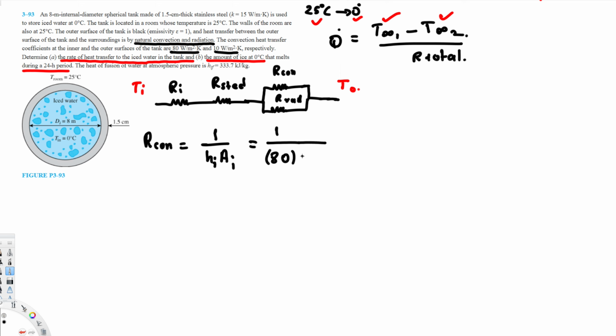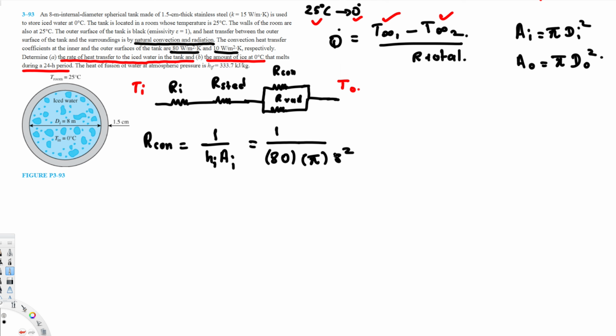So let's plug the values right here. Pi d square for the inner surface, where the inner diameter is 8 meter, so 8 square. A i is pi d i square, and A outside is going to be pi d outside square.